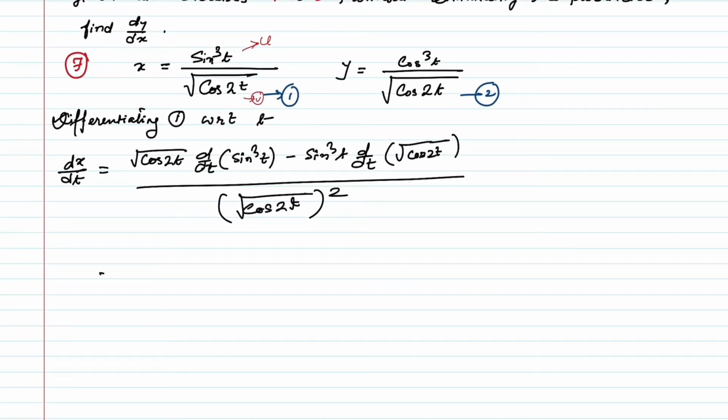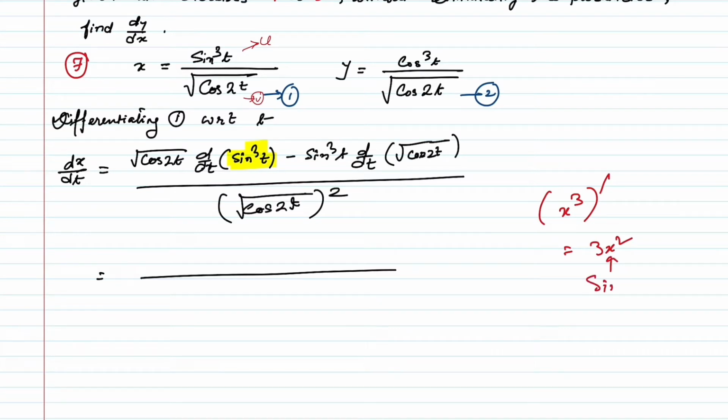First, you see this is not only sine t, this is sine cube t. So here we consider it as x cube, and its derivative is given by 3x square. Replace x by sine t, then again you have to differentiate sine t.